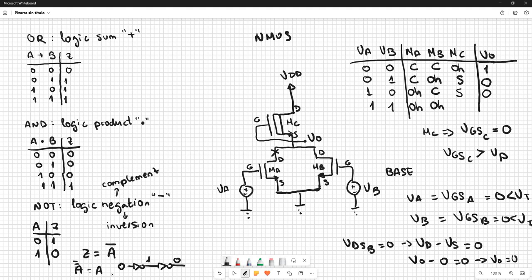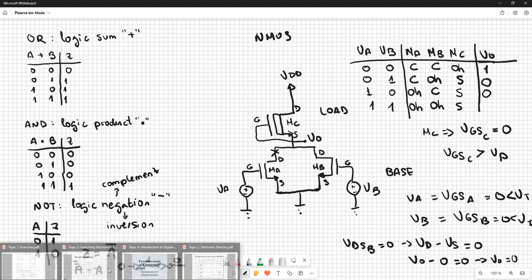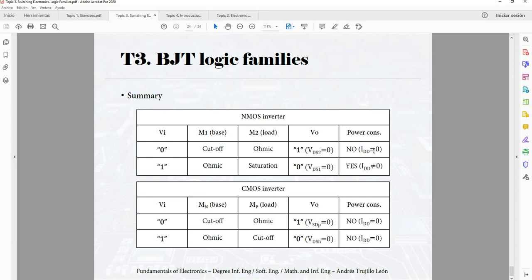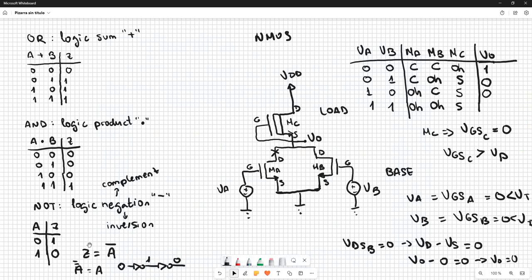So if the base is in ohmic, the load part is going to be in saturation. You can always check this table to reach this conclusion. So in this case, both the voltage DSA and the voltage DSB are zero, so the output is going to be zero, following this reasoning. So this output is just the opposite of the OR gate.